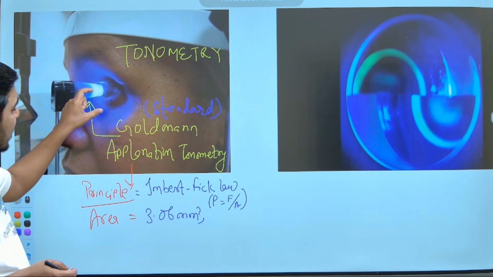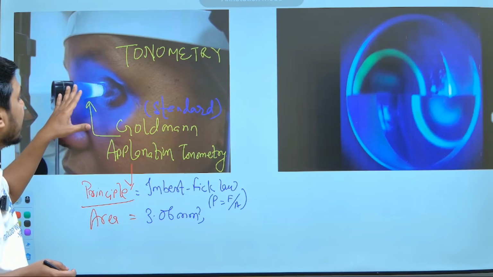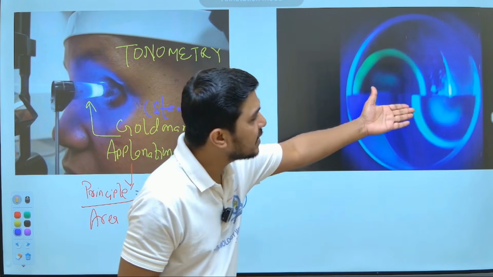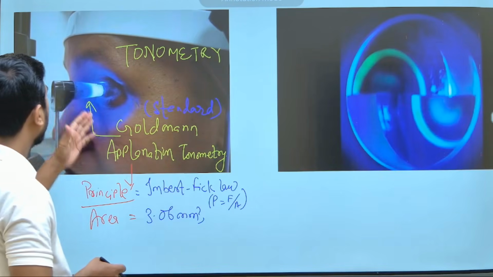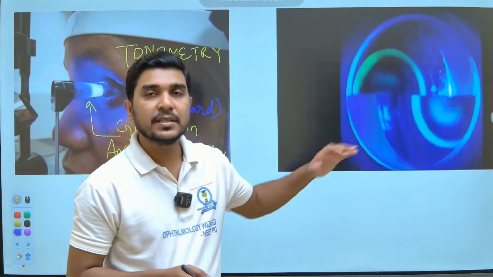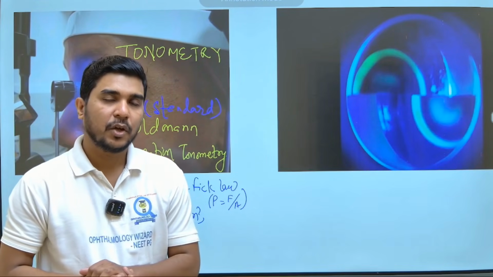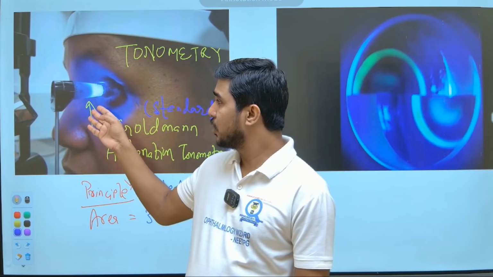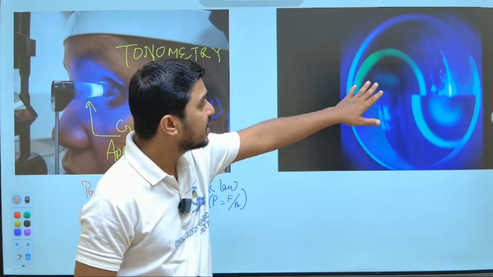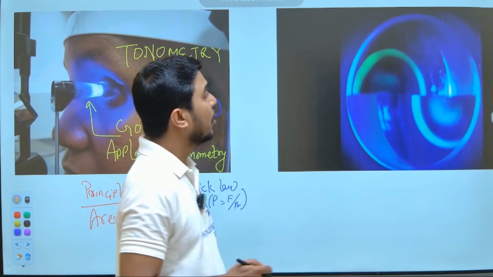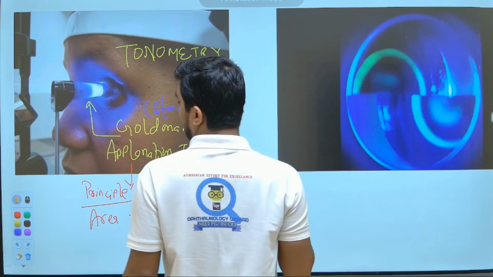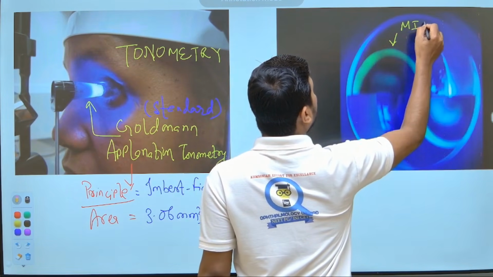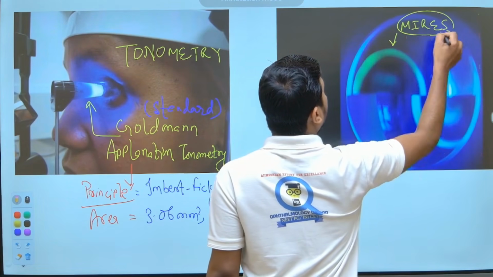Now a person is examining this. What is that doctor seeing in the eye with the help of this instrument? When the doctor is doing this tonometry, the doctor is seeing this type of image. What is this green line? These are called mires.